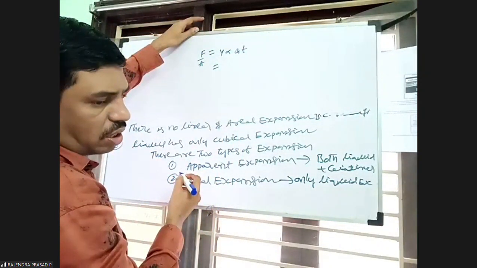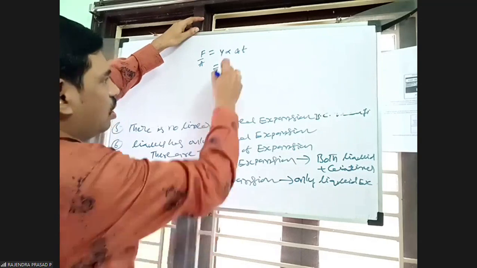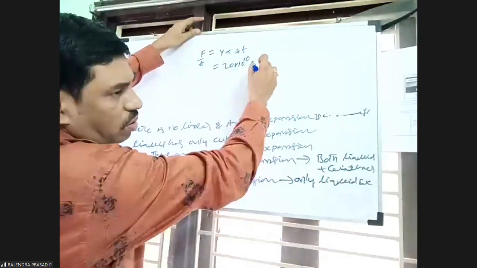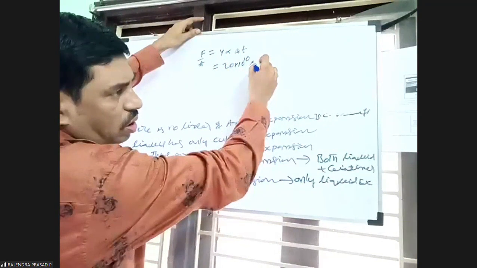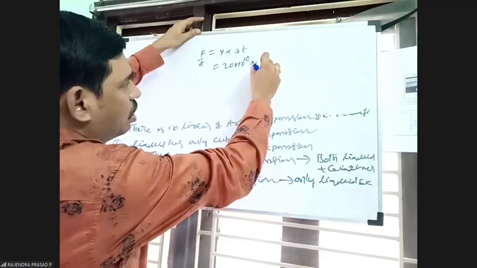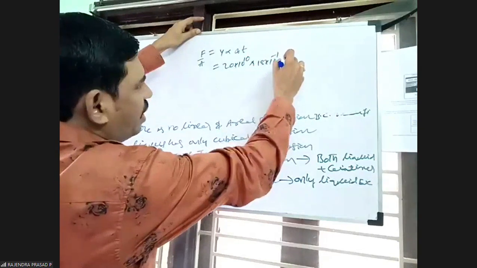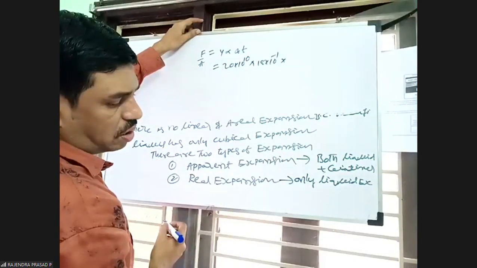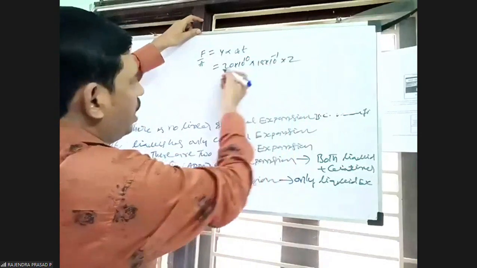Y is 20 into 10 power 10. What is the alpha value? 18 into 10 power minus 6. Temperature difference is 2.